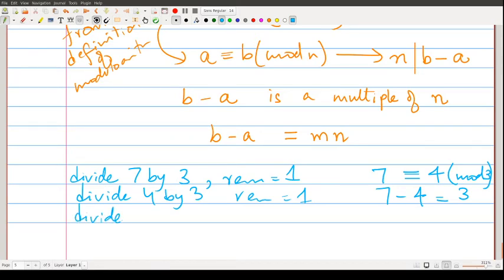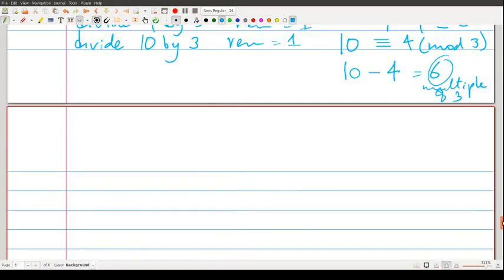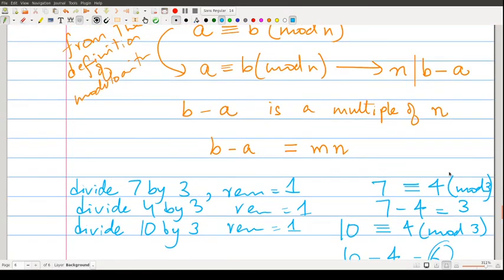If you divide 10 by 3, the remainder is still 1, and so 10 is congruent to 4 mod 3. And if you subtract 10 minus 4, you get 6, which is of course a multiple of 3. That is to say, if two numbers are congruent to each other mod n, then if you subtract the smaller number from the bigger number, you're going to get a multiple of the integer that you're doing modulo arithmetic in.